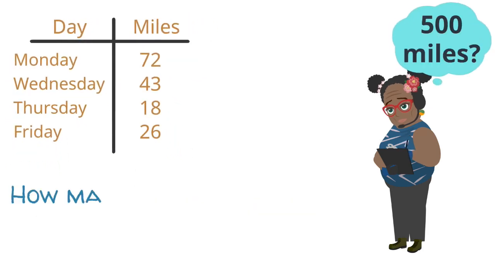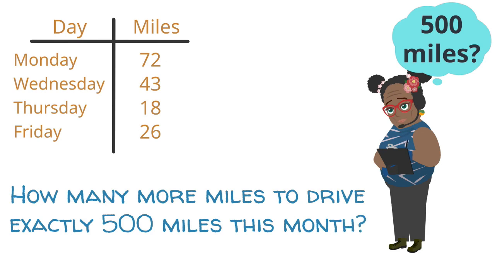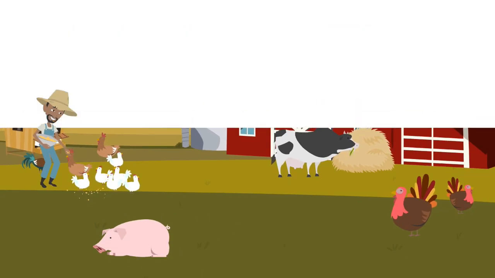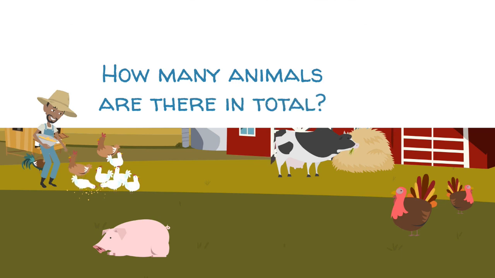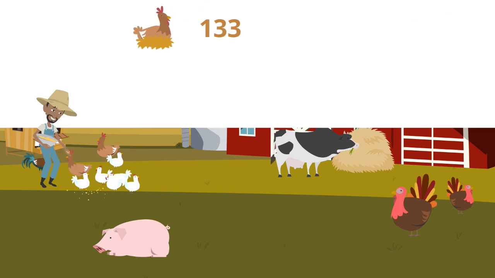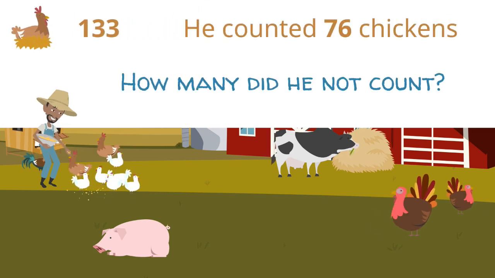How many more miles will she need to drive during the other weeks if she drives exactly 500 miles this month? Moran is a farmer. How many animals does he have in total if he has 36 cows, 133 chickens, 52 turkeys, and 18 pigs? He counted 76 chickens. How many did he not count?